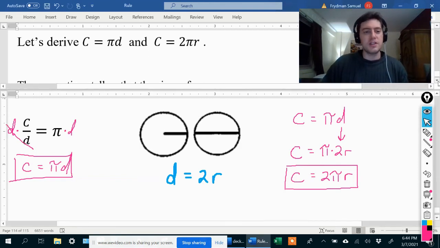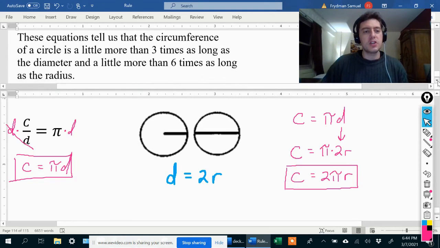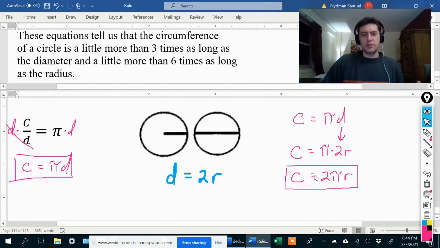The last thing that I want to say for this video is, what do these equations tell us? What do they really mean? Well, these equations tell us that the circumference of a circle is a little more than 3 times as long as the diameter, and a little more than 6 times as long as the radius.